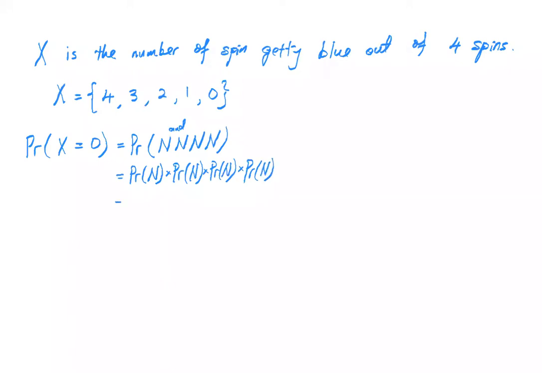So each one, the probability is the same, correct? It is 1/4. And I have only one outcome to get 0 blue, that is all 4 are not blue. So can I write 1/4 to the power of 4? Is that fine? Any question before I go further?